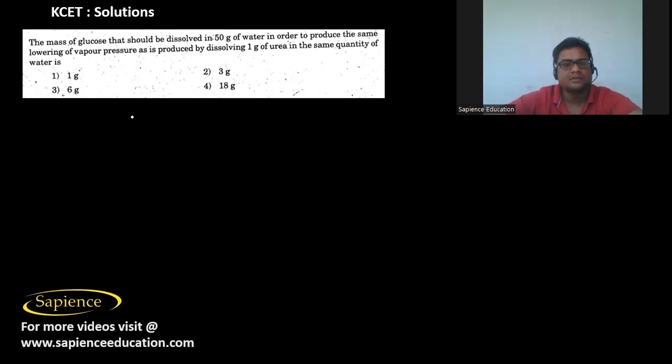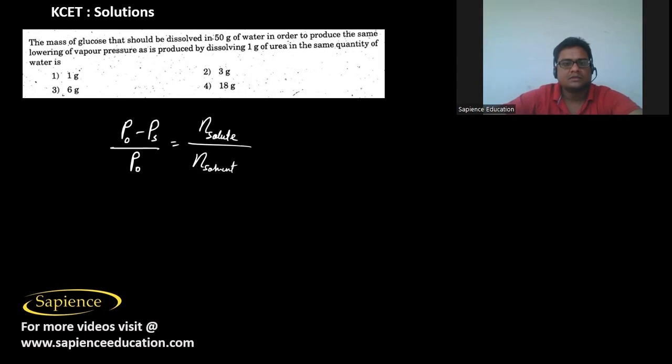So the relative lowering of vapor pressure, that is P naught minus PS by P naught, where P naught is the vapor pressure of the pure solvent and PS is the vapor pressure of the solution, is equal to the number of moles of solute by the number of moles of the solvent.